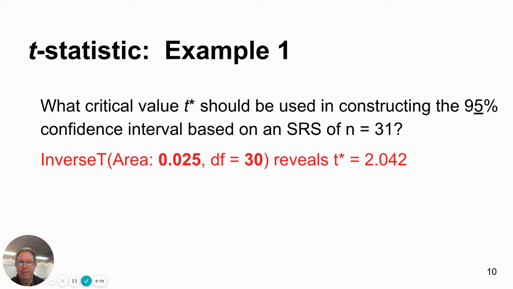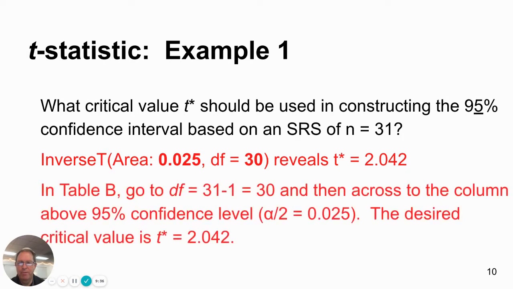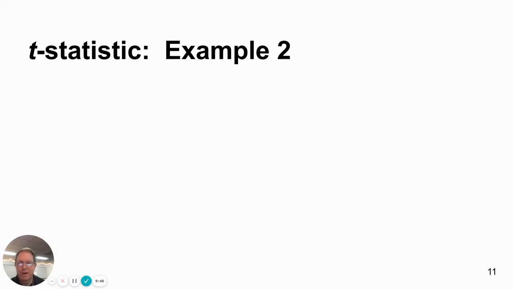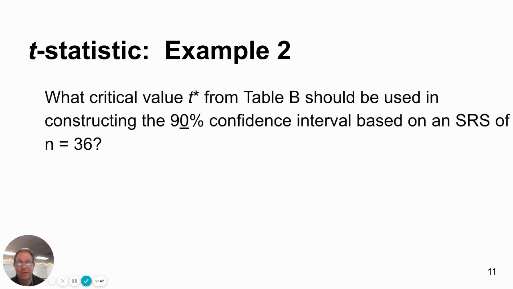My degrees of freedom is my sample size 31 minus 1, so that's 30. I hit execute and it reveals that my t star is 2.042. That's the calculator method. I have put here the table method, but I'm going to encourage you to use your calculator because it's more precise, especially in examples like this one right here.